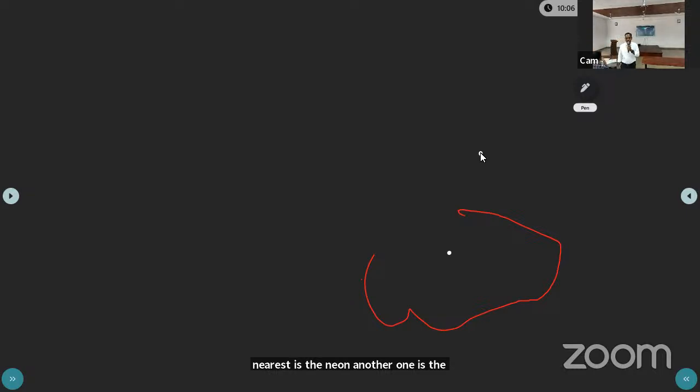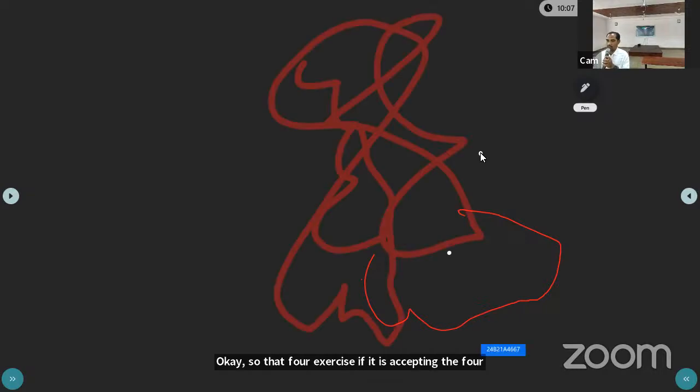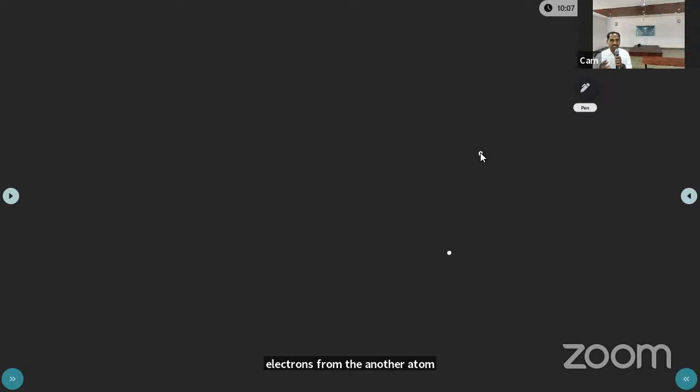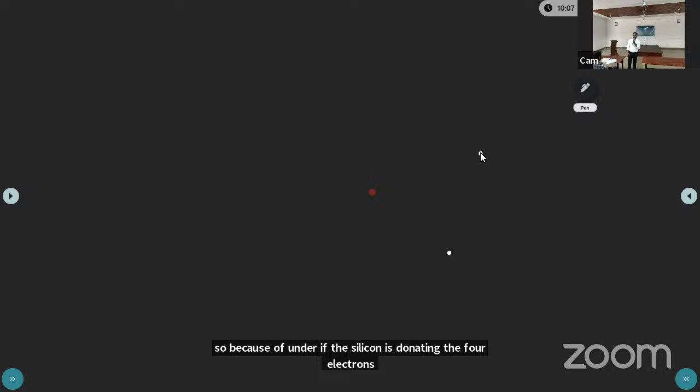Yes, very good. So if silicon accepts four electrons from another atom, the number of electrons in silicon will be 18. And if silicon donates four electrons to another atom, it becomes 10 electrons, that is the neon noble gas, right?